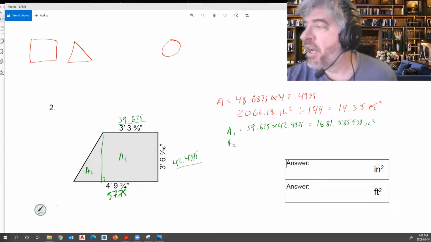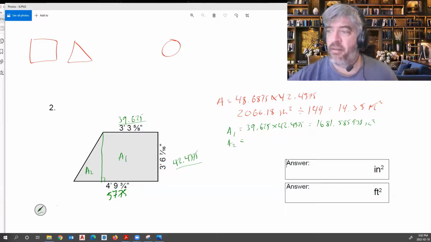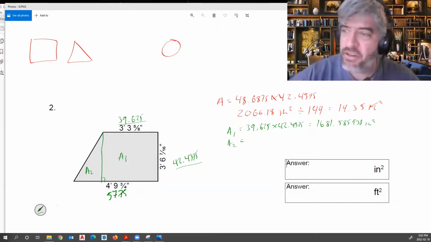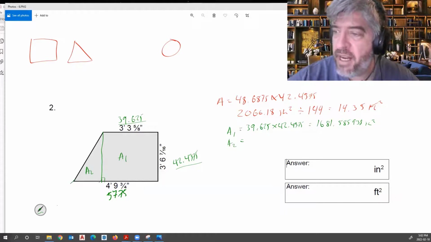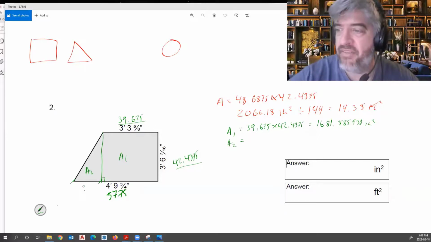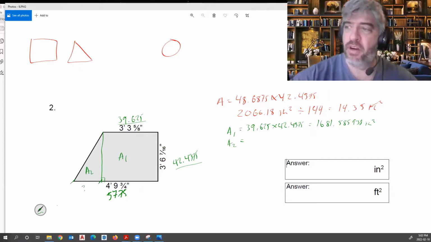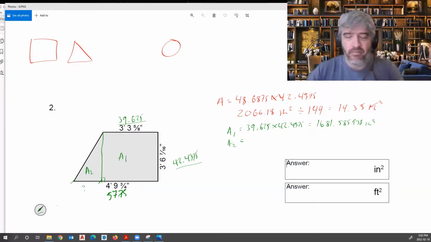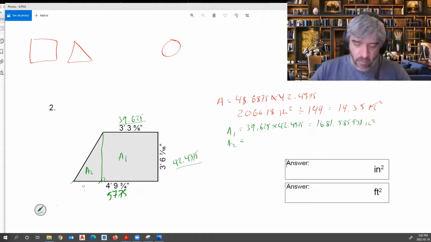So now I want to work out area 2. To figure out area 2, I need to figure out what this remaining balance is down here. What is that value? Well, for that, we just subtract the top and the bottom. It's actually more work to do it this way. The trapezoid is a little bit quicker, which is why someone decided to use it. So I have 57.75.